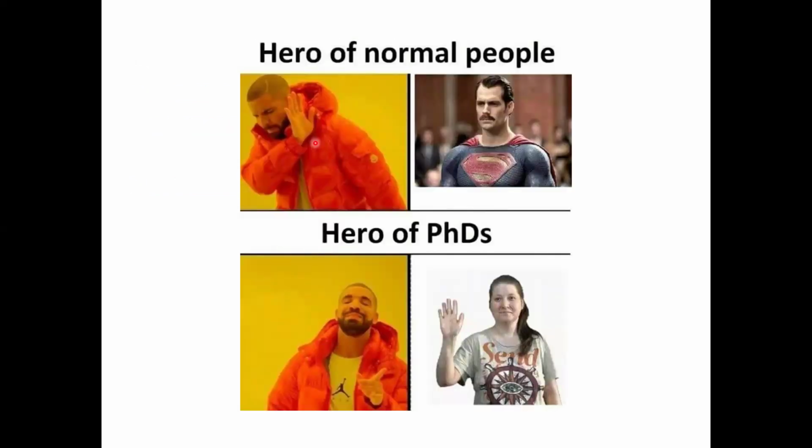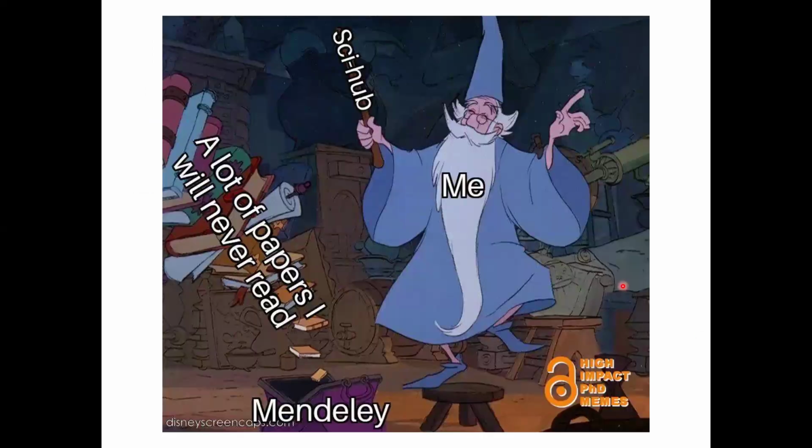And also, I think this meme shows everything. If you know this girl here, then it means that you know how a PhD or even a thesis work can be saved, because of SciHub. I'm not going to tell more about SciHub.